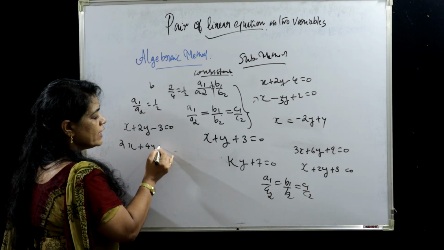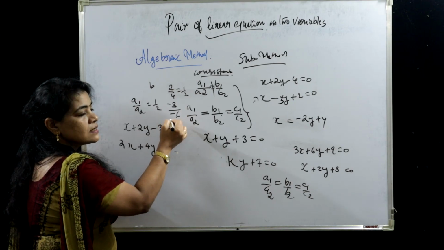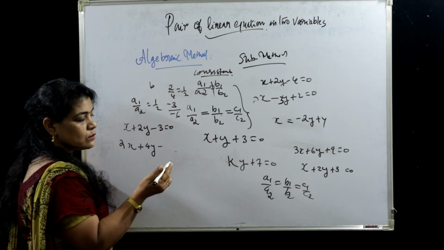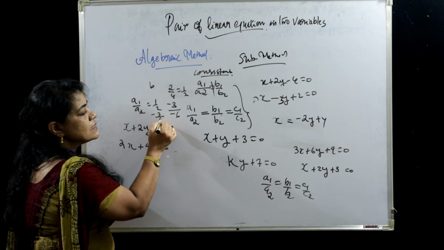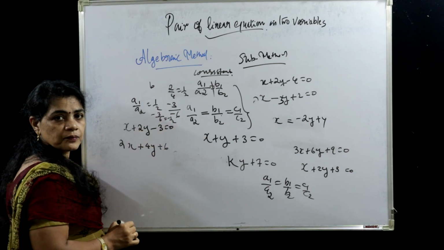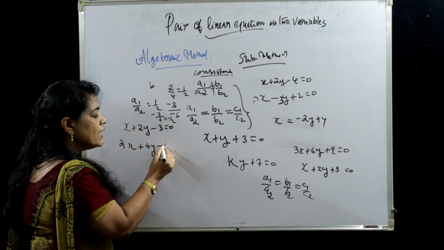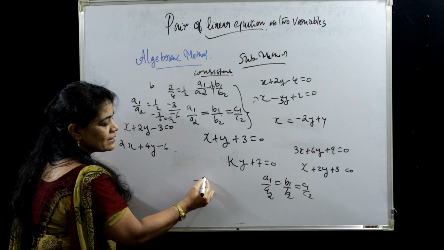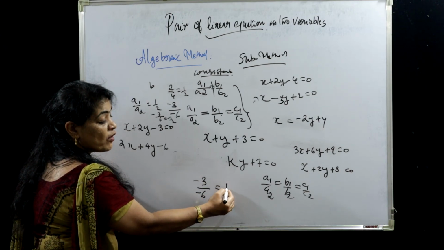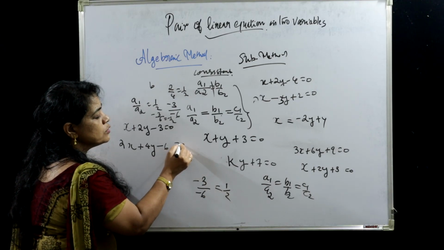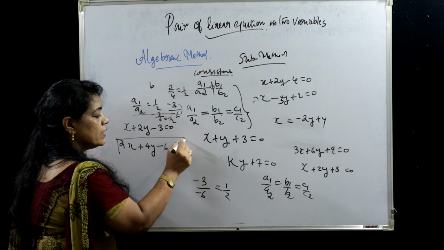So you have to divide this minus 3 with minus 6. Don't take plus 6. If you write plus 6, what will happen? Minus 3 by 6 is minus 1 by 2, but we need 1 by 2. So you have to take minus 6. Hence you will get minus 3 by minus 6 equal to 1 by 2. Equal to 0. That means this is the required equation.